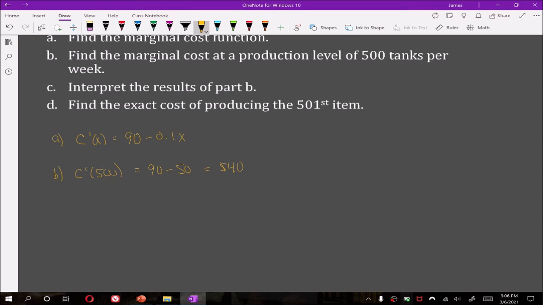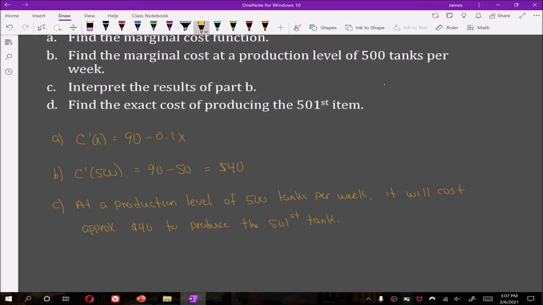The interpretation. At a production level of 500 tanks per week, it will cost approximately $40 to produce the 501st fuel tank.